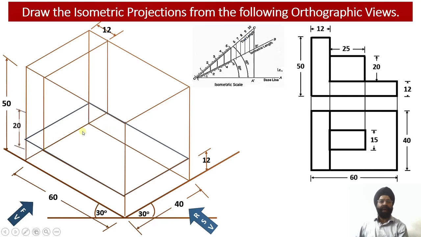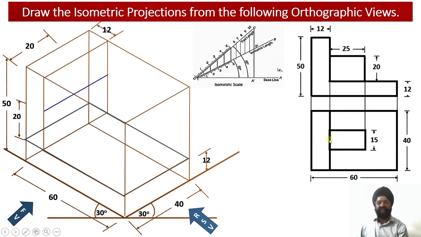I need to mark this midpoint. Please check, I have marked this midpoint of this horizontal edge over here, and this point will be located over here. Besides marking the midpoint, this axis line will be available with me while I mark it.